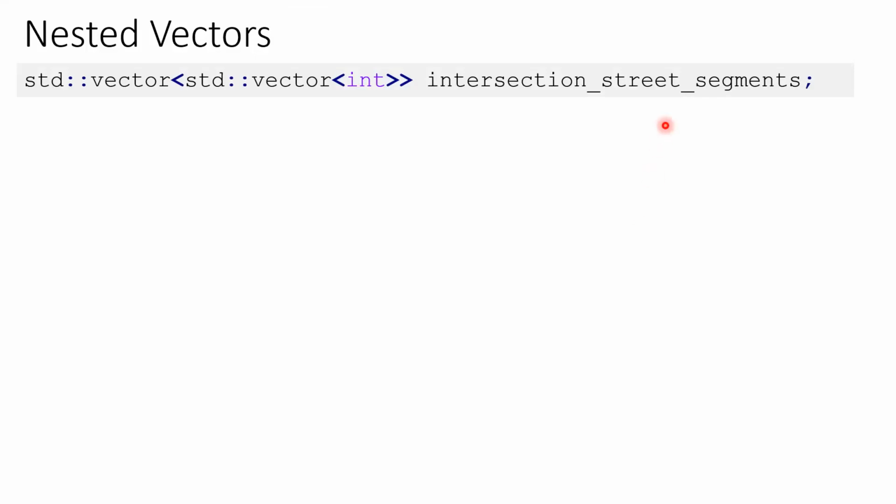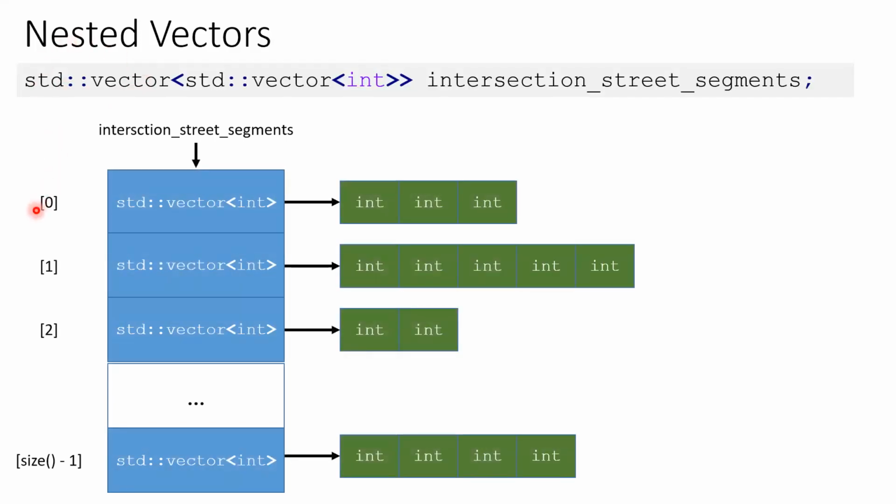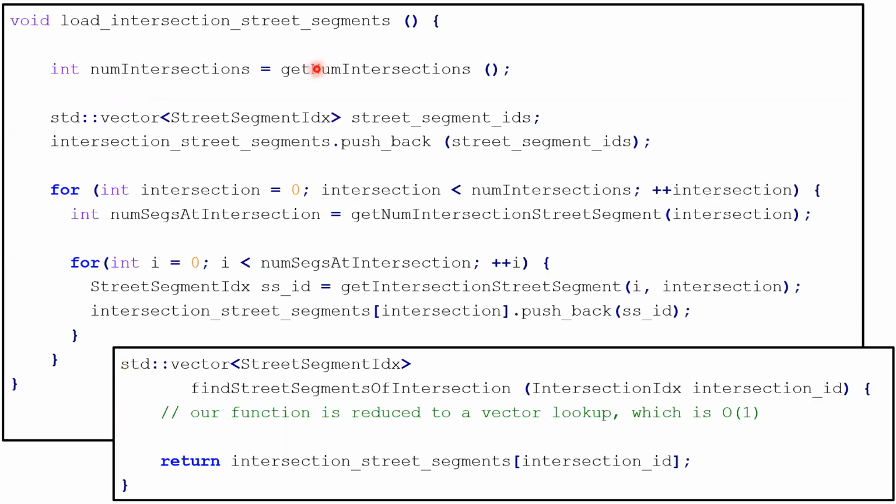So we have this global variable, intersection three segments, which is a nested vector containing the vector of three segments at each in the outer vector. And this is the code that we are going to look at.